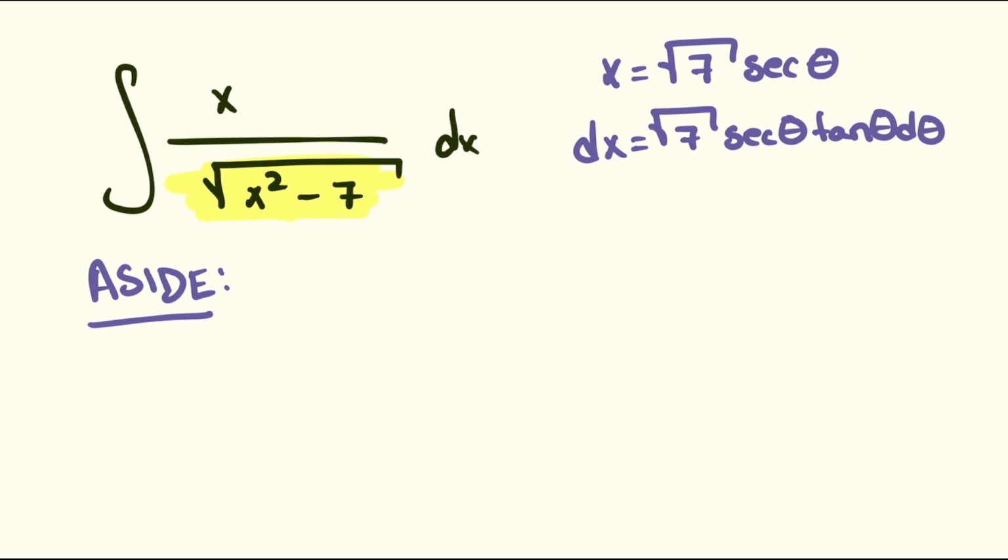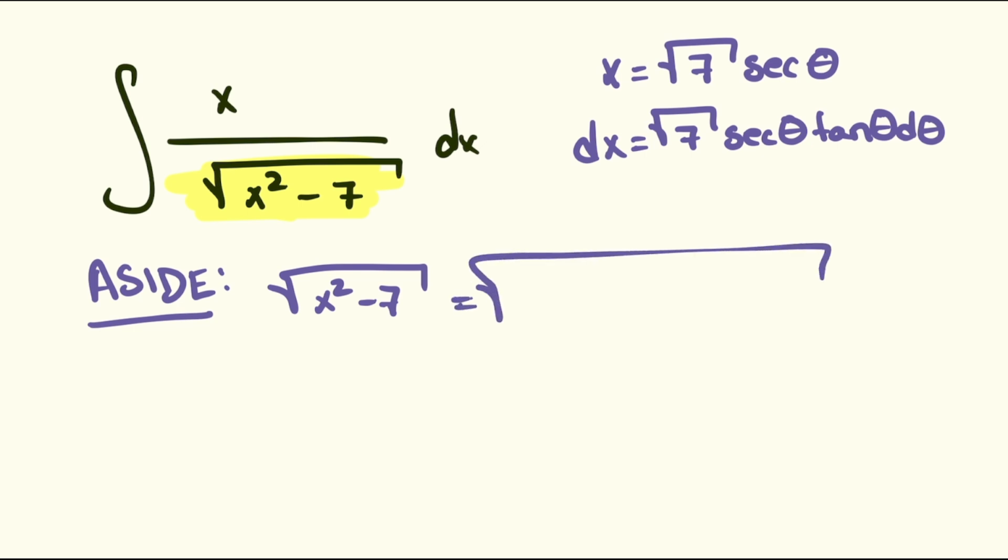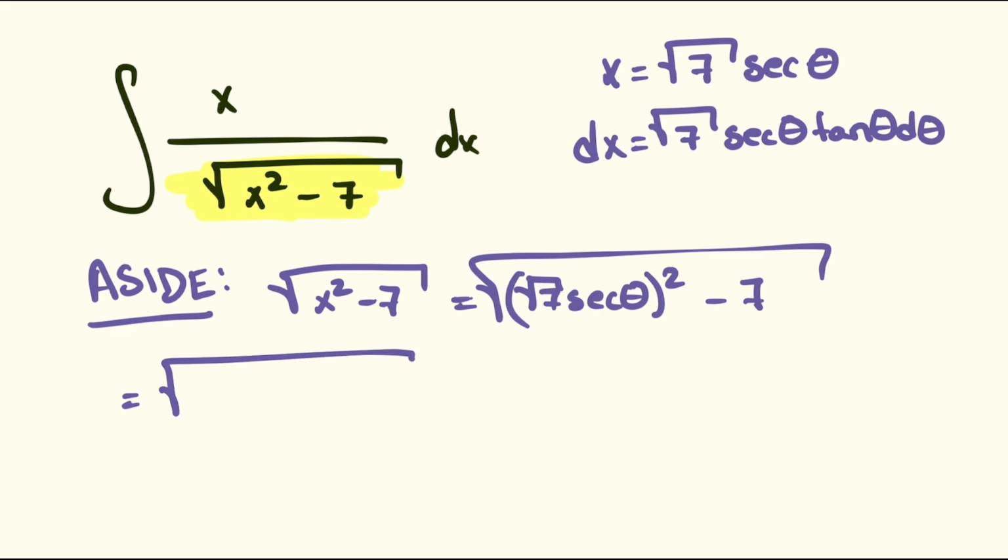So let's start off with square root of x squared minus 7. When we put our substitution in there, that is going to be square root of the quantity square root of 7 times secant theta, and we are squaring that whole thing, minus 7, right, which is equal to the square root, if we distribute that squared to the secant and the square root of 7, that is going to give us a 7, because squared and square root are going to cancel each other out.